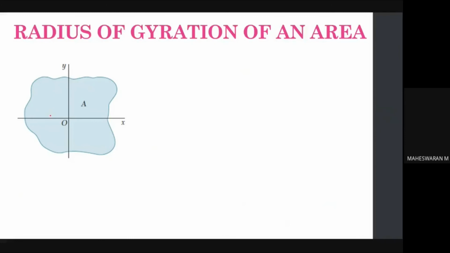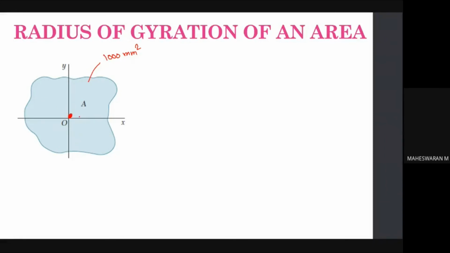Let me consider this area. Let me consider this entire shaded area is around 1000 mm square. For this 1000 mm square area, I know the moment of inertia with respect to the centroidal point.